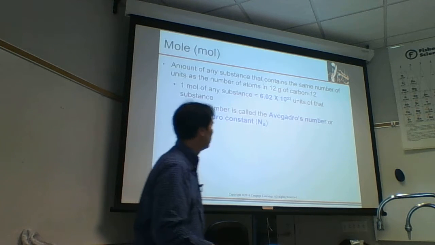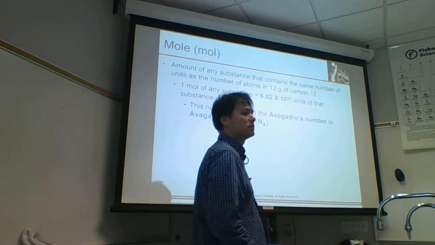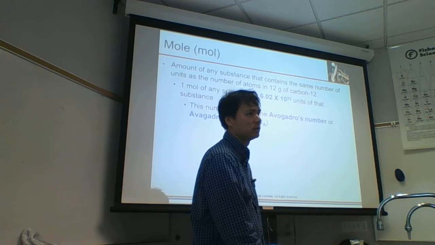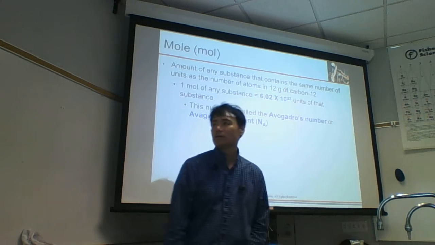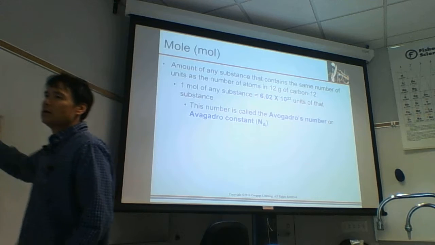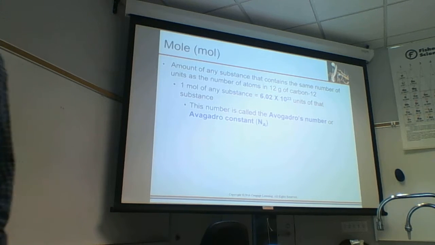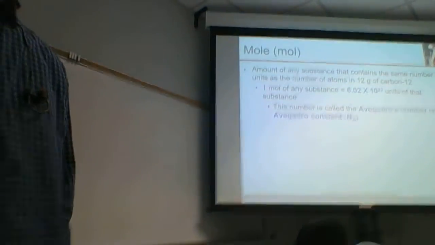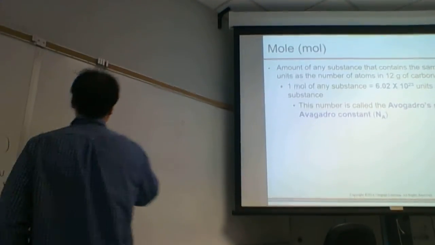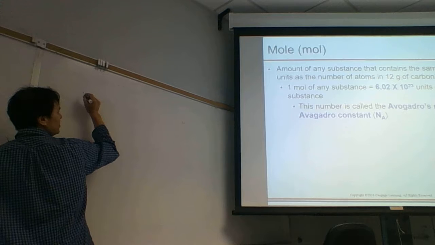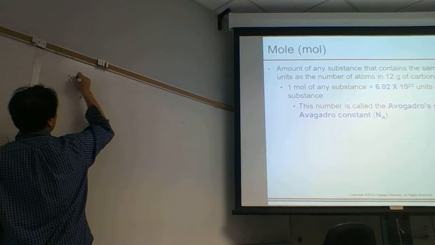Avogadro's number. How many sig figs are we using for most of our calculations? Four. And this is not enough for Avogadro's number. This is okay for Chem 4, but when you get into Chem 1A, you want to memorize this number. This is called Avogadro's number, and this is for the mole.